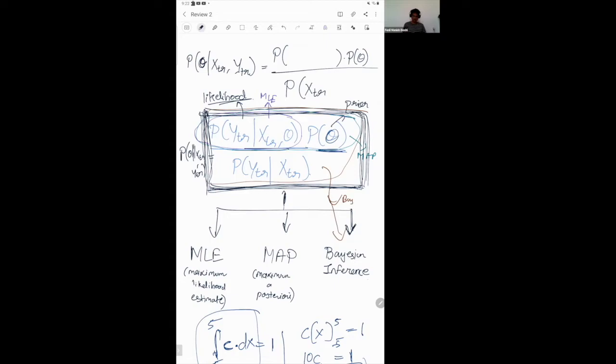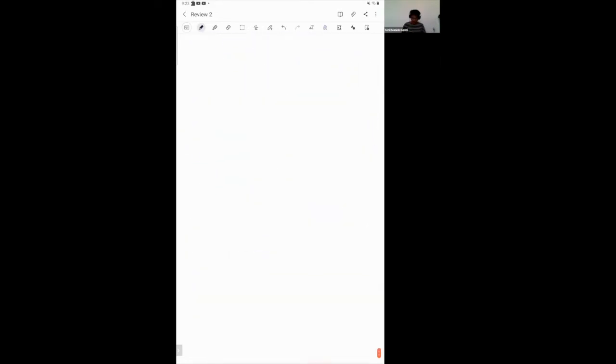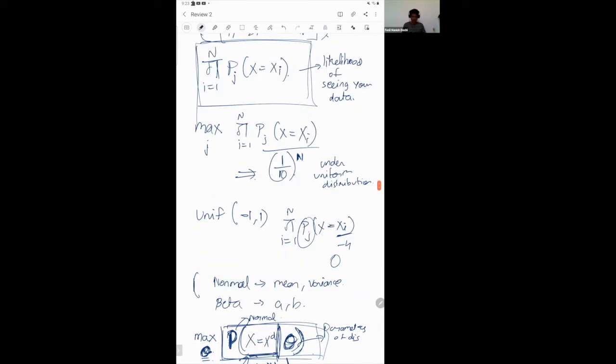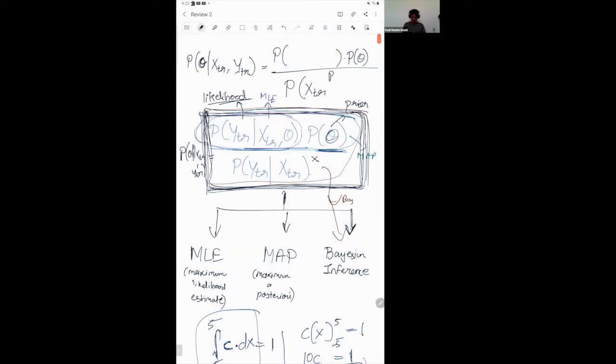Now this is independent of theta, and if you connect to my linear regression example, we would just discard this in the maximum likelihood estimate. We are also saying that we don't have any prior on theta. If I'm saying that I'm interested in all the normal distributions, then I don't have any information about the mean and the variance. It could be anything.